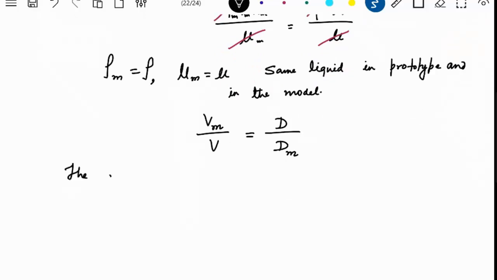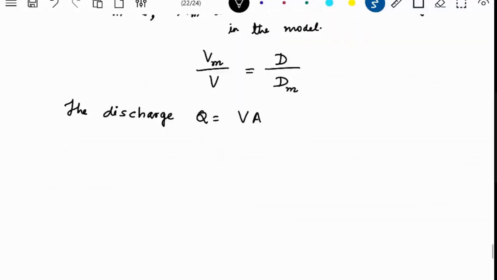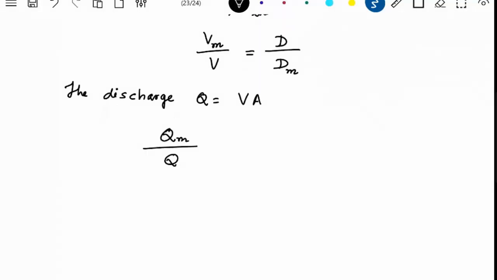The discharge can be given using the formula: discharge Q is equal to velocity times area. Now if you consider the discharge of the model and the discharge of the prototype, we can write the ratio Qm divided by Q is equal to velocity times area of the model divided by velocity times area of the prototype. This is equation 1.